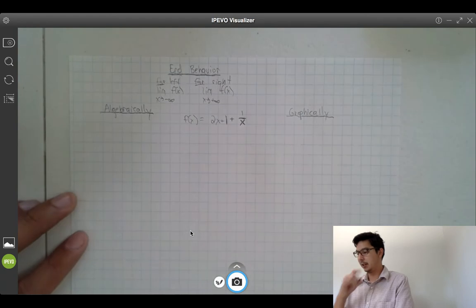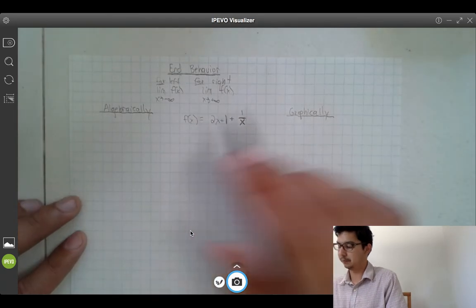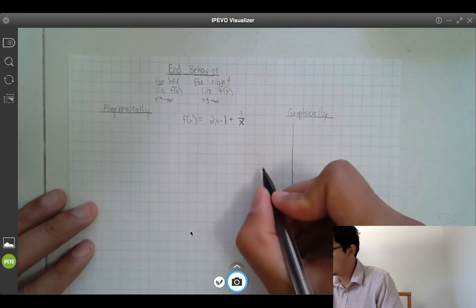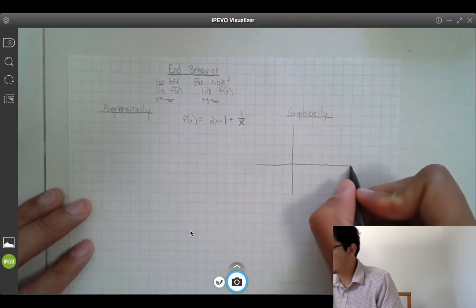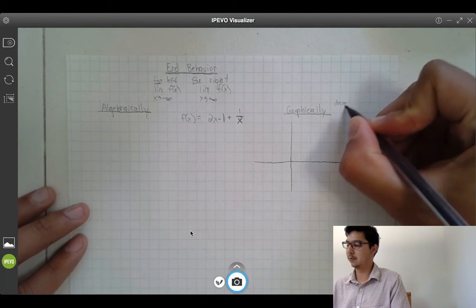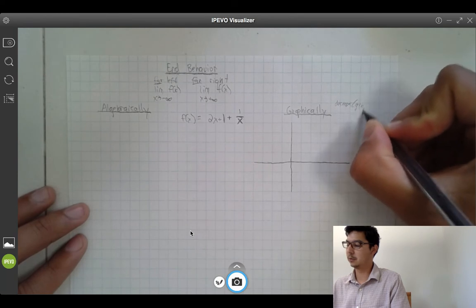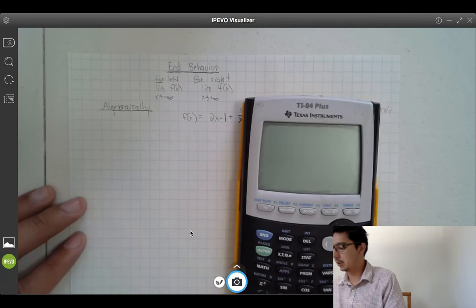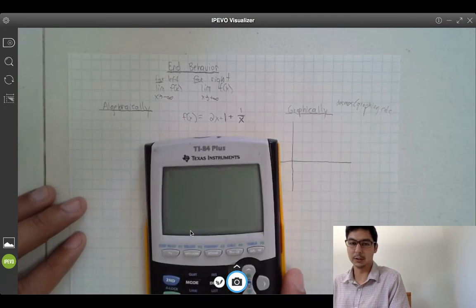Now, graphically, if we were to use a graphing calculator or Desmos, remember you can use Desmos as an option. If I put this in, let's see what it looks like.